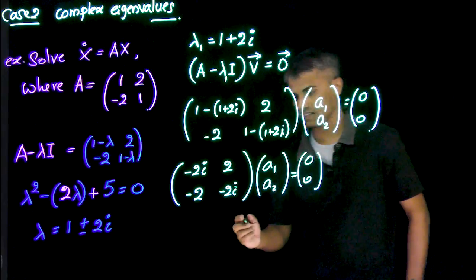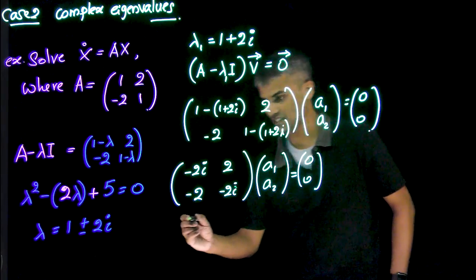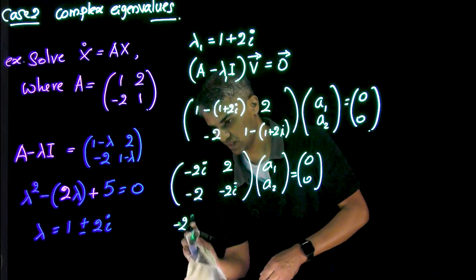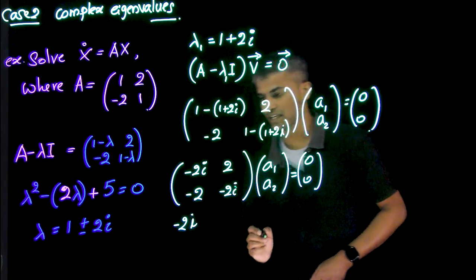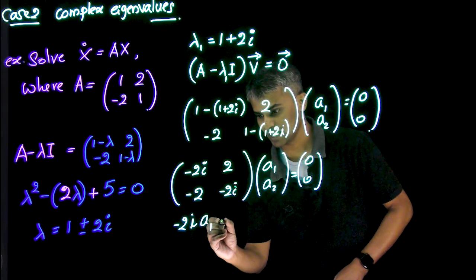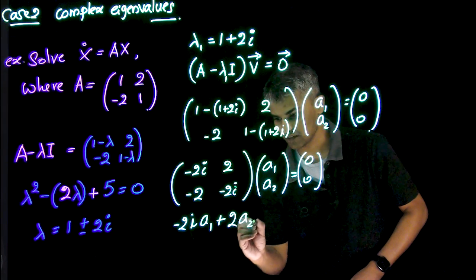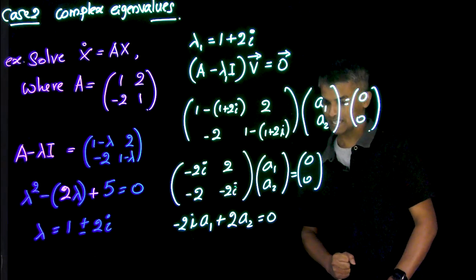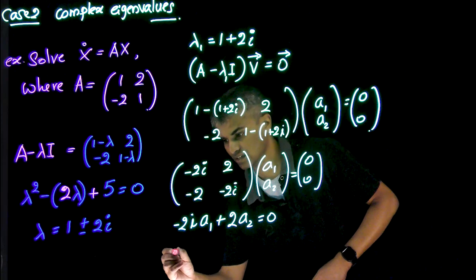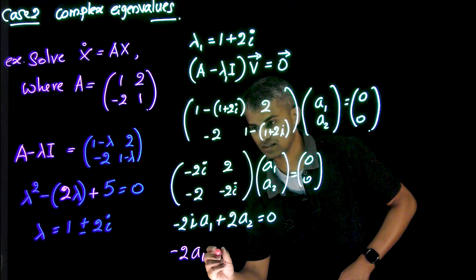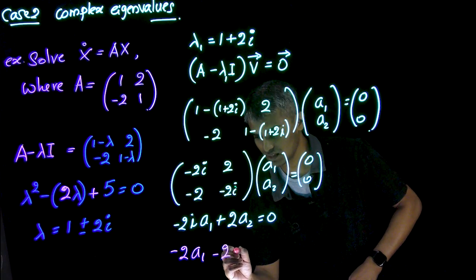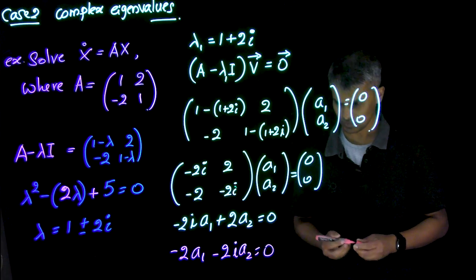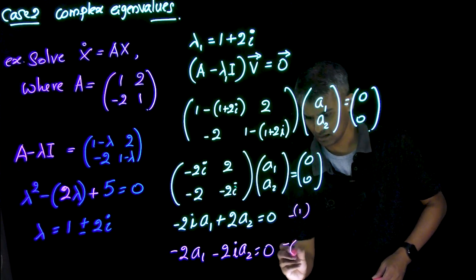Now let us simplify this matrix equation. We have negative 2i times a1 plus 2 times a2 equals 0, and my second equation should be negative 2a1 minus 2i a2 equals 0.